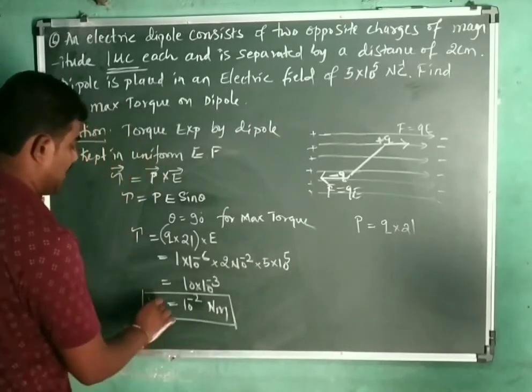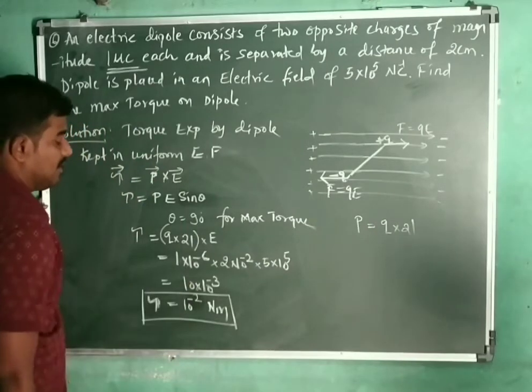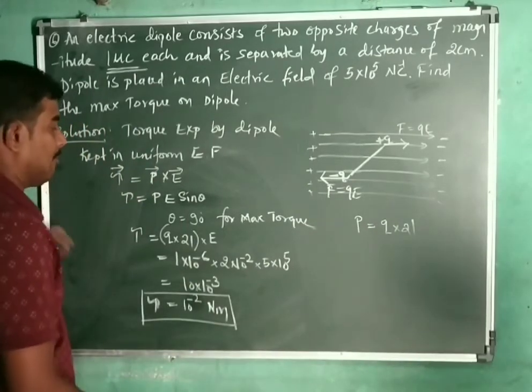So the maximum torque experienced by the dipole is 10 to the power minus 2 Newton meter.